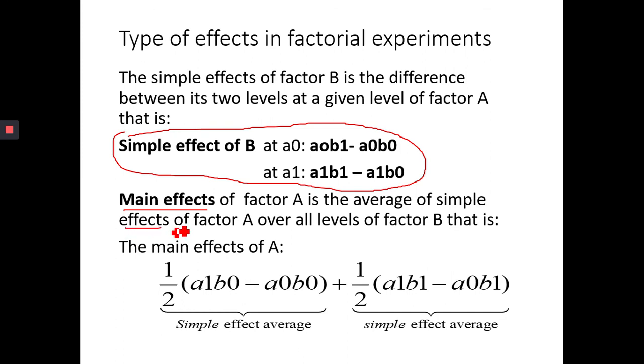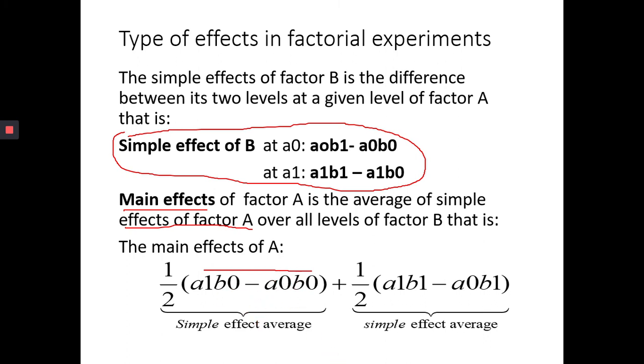Look at this one, this part here. This is the simple effect of A at B0. Simple effect of factor A at B0. Simple effect of factor A at B1.